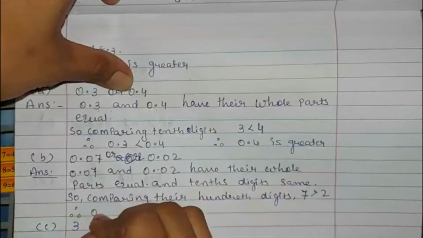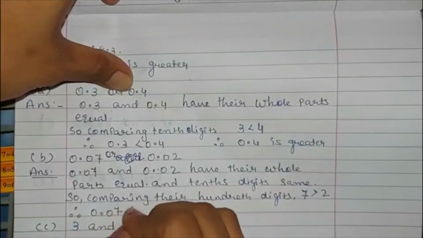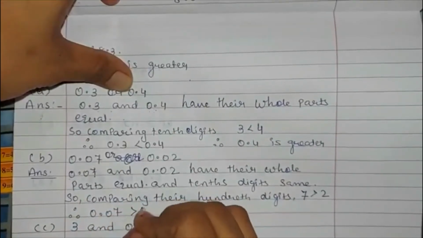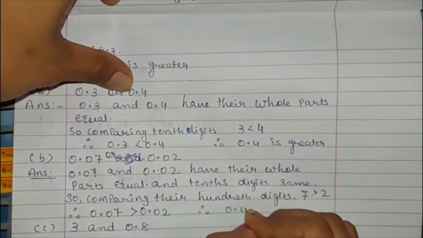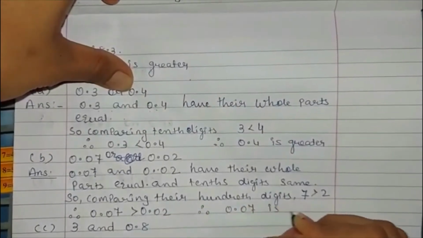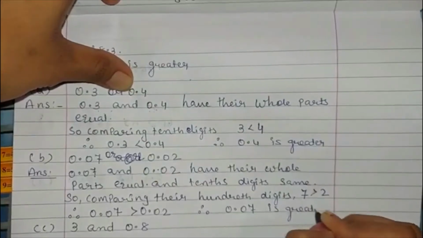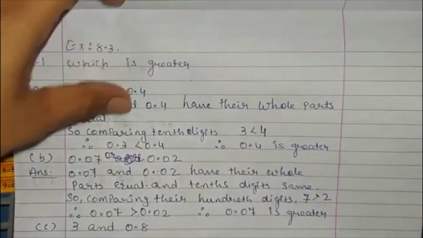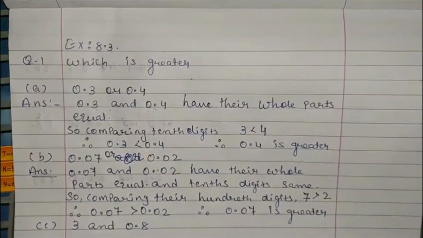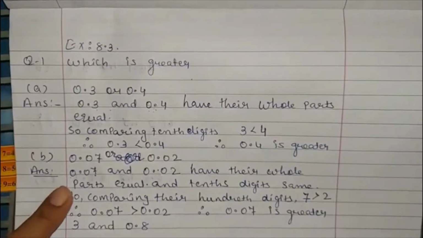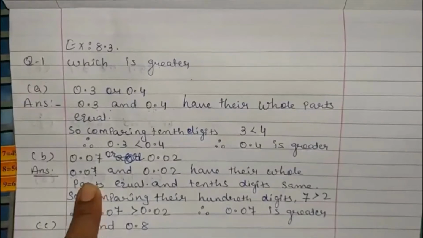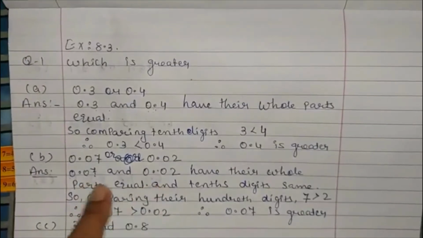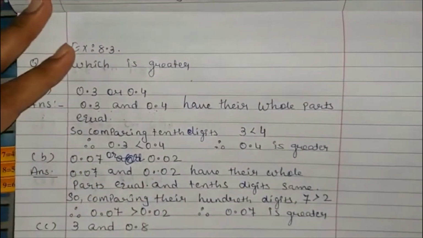Therefore, 0.07 is greater than 0.02. Therefore, 0.07 is greater. So what is the rule, students? First of all, we will find whole parts. If whole parts are the same, then we will see the next part, that is the tens part, that is 0, same. So the hundreds parts we have seen.